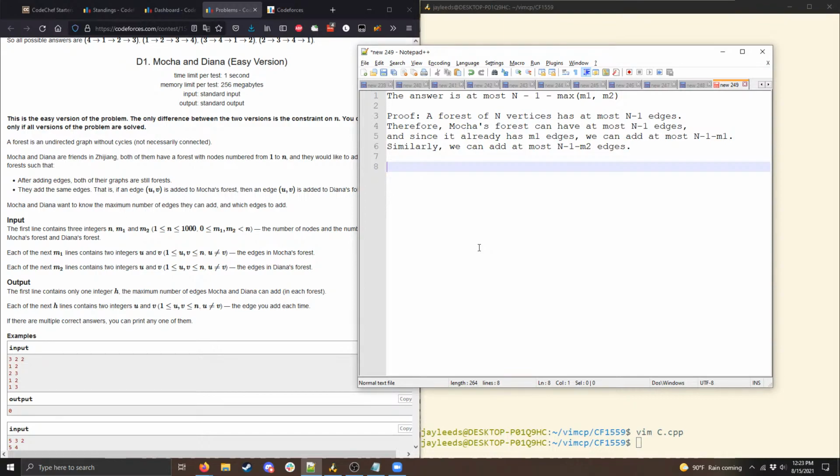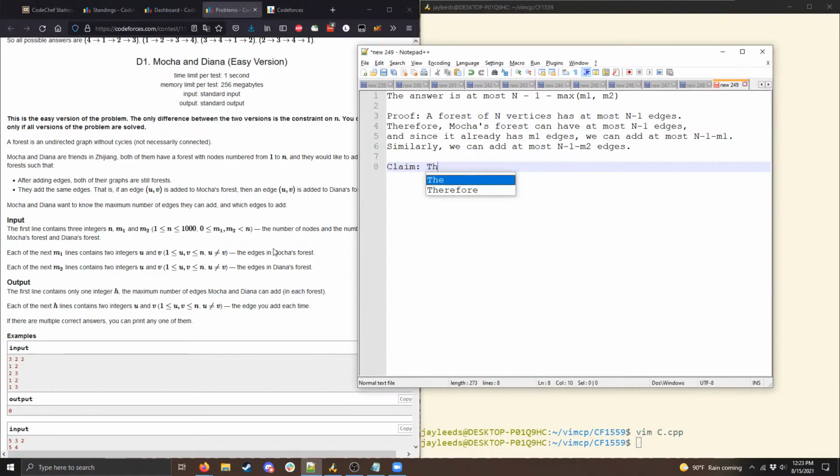Now, the key claim. I played around with a few sample graphs, and what I conjectured was that this answer is actually always achievable. And I'll prove that to you now. So let me write this.